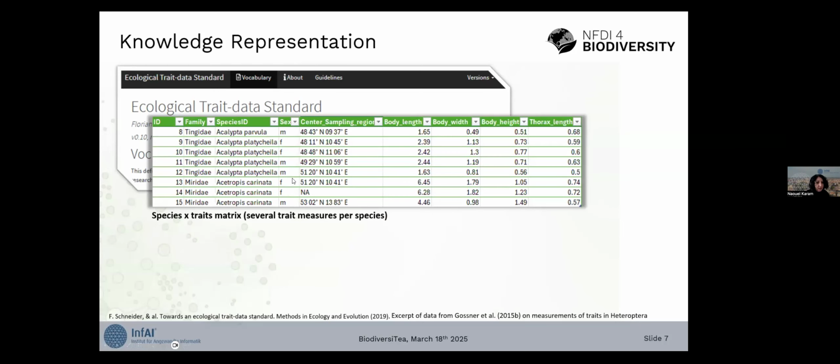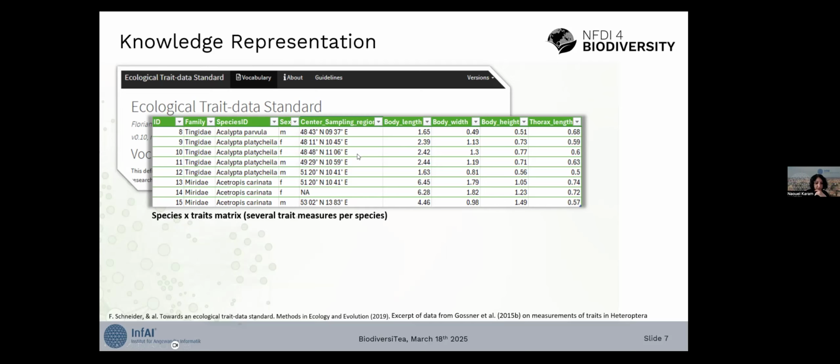And if we have a look at how trait data typically look, basically it's a matrix of species and trait measurements. For instance, here we can see the species, and there was a measurement of body length, body weight, height, and thorax length. So basically, several trait measures per species.